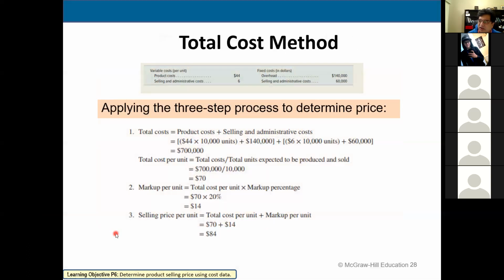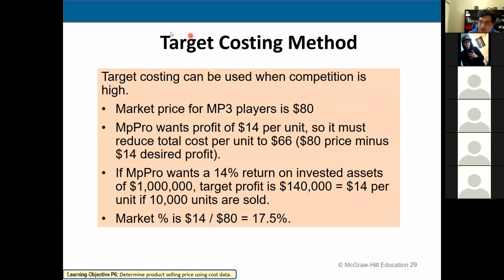There is another method called the target costing method. Again, what is the idea behind target costing? You have got a certain product in the market. Now you're going to come up with a similar product. In that case, the market already has a certain level of price acceptance.